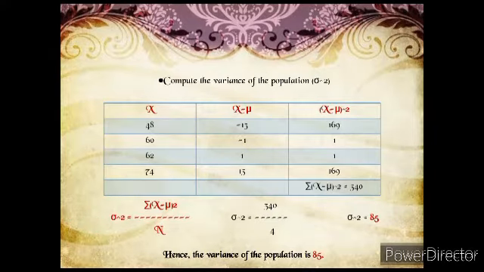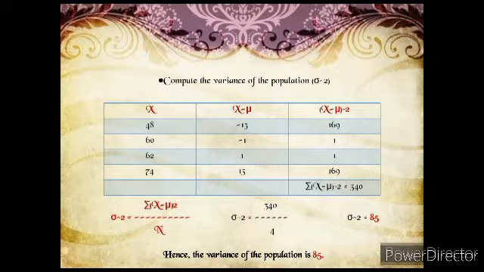After computing the mean of the population, let's move on to computing the variance of the population. The first column contains all x. x is equal to 48, 60, 62, and 74. The second column contains the answers for x minus mean.